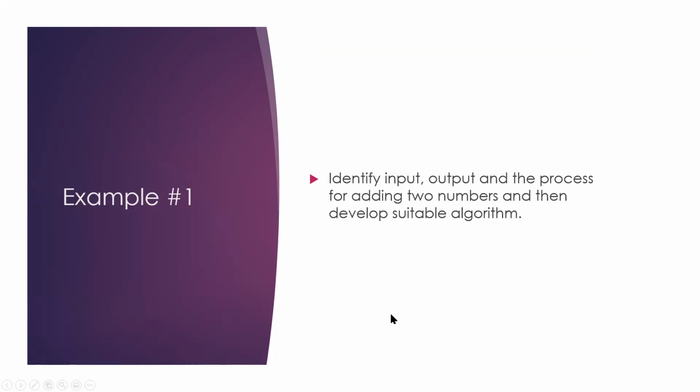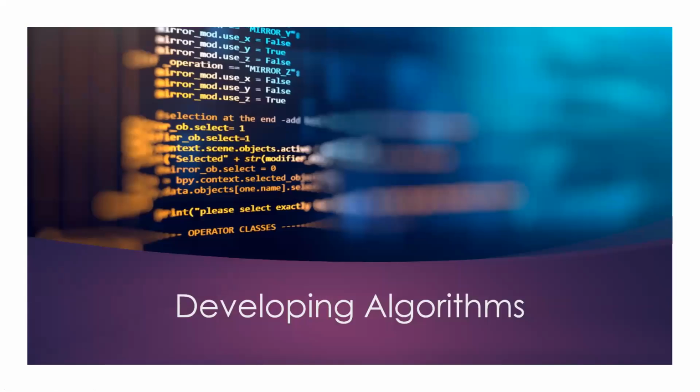So we discussed how to identify input, output, and process. For example, given 2 numbers, the 2 numbers are the input, and the total of the 2 numbers is the output, and to do that you have to add the 2 numbers together. Basically, this is what we call the analysis. So that part we have done.